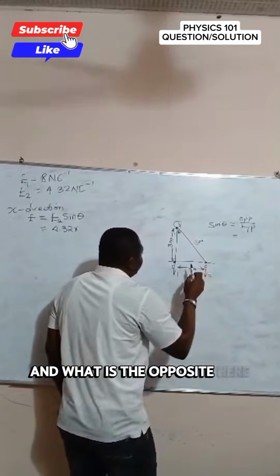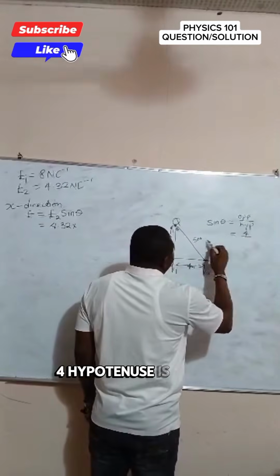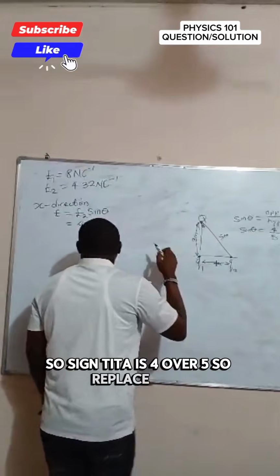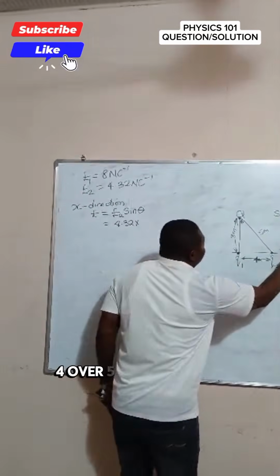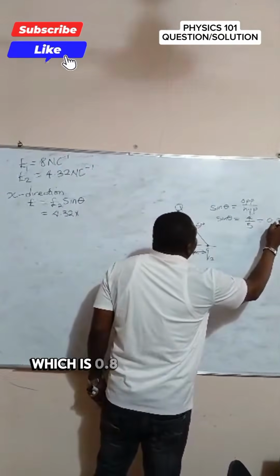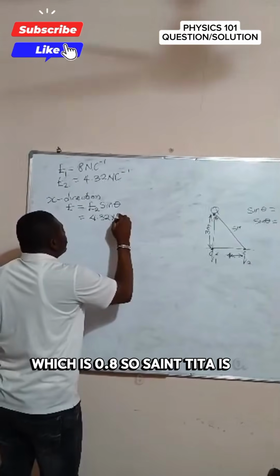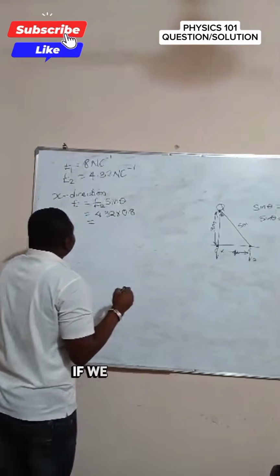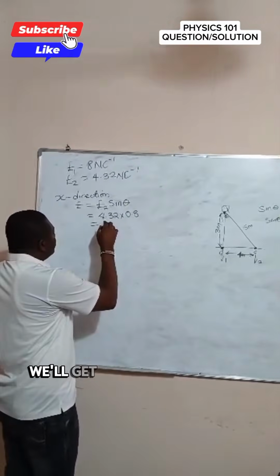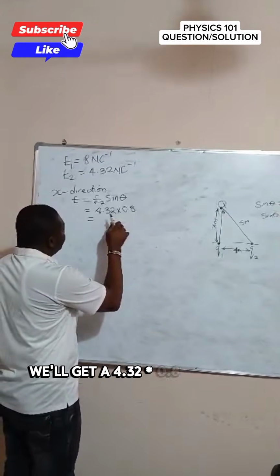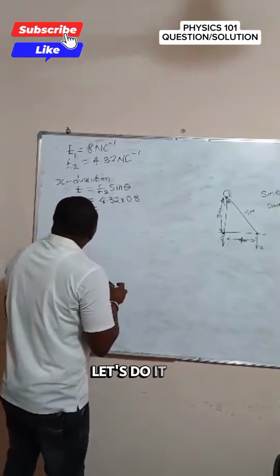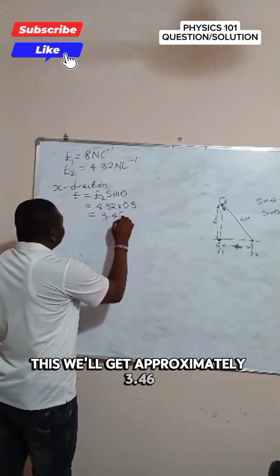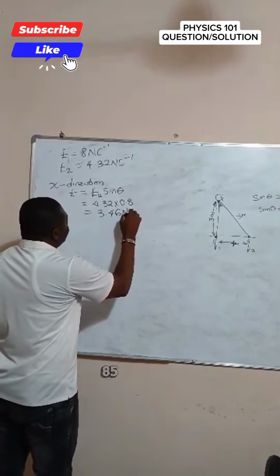What is the opposite here? 4. Hypotenuse is what? 5. So sine theta is 4 over 5, which is 0.8. If we resolve that, we will get 4.32 times 0.8, approximately 3.46 Newton per coulomb.